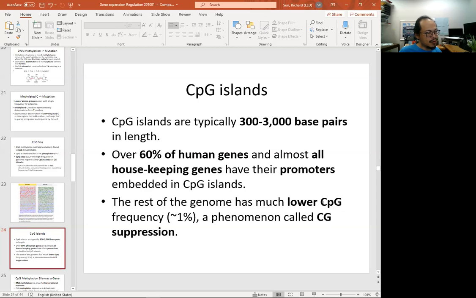We call this lower CpG frequency in the rest of the genome. This phenomenon is called CG suppression. We don't see much there. A possibility is mutation. If we have some there and they don't serve a function, they probably get mutated into TA, as we talked about before.